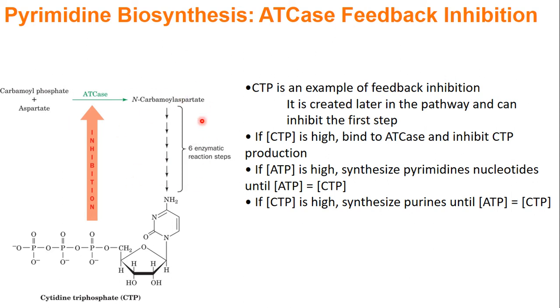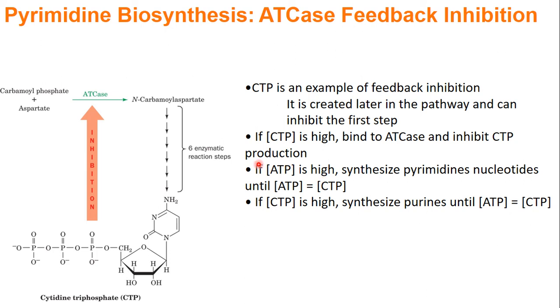So the logic is, I have enough pyrimidines if I have CTP around, so please inhibit the first enzyme that makes pyrimidines. This is called feedback inhibition. And it will continue to block ATCase until the levels of ATP and CTP are relatively the same.